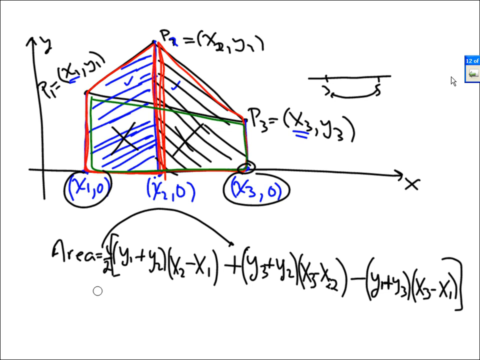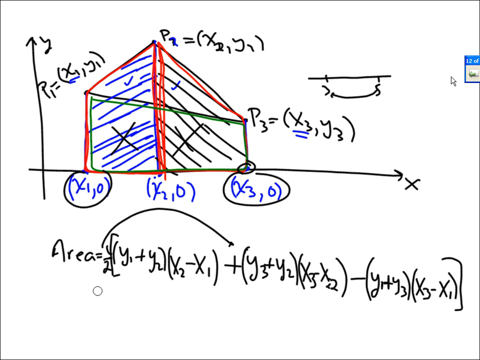Now I'm adding y2 x2, and then over here on the right, I'm taking away y2 x2. And I'm adding y3 x3, but then I take away y3 x3. 1, 2, 3, 4, 5, 6. Okay, so half the terms actually cancel out.